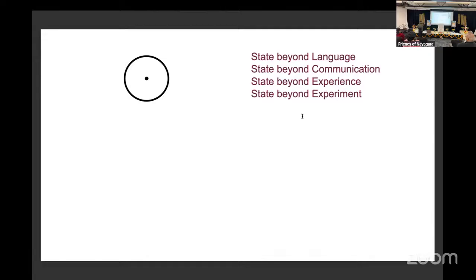It's beyond communication. Not talk about it, and I'm talking about it. It's beyond experience, as I said. It's beyond experiment, clearly, right? You can do experiments, but they sort of collapse to sentences that can't be collated together in some sensible manner. So it's clearly beyond experiment.